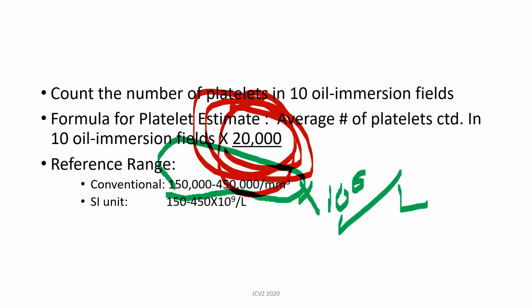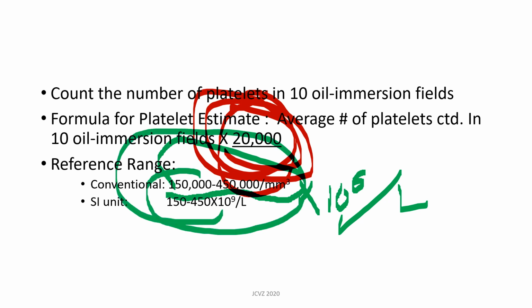So the SI unit here is 150 to 450 times 10 to the 9th per liter. Okay, so these are the reference range or the normal values for your platelet estimate.